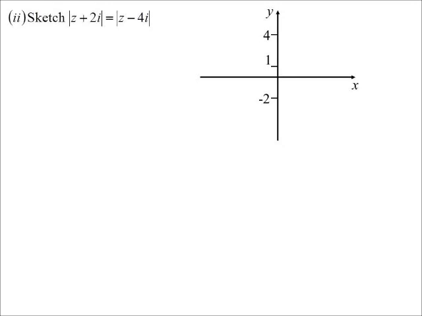Perpendicular bisector of 4 and minus 2. Well, which point must it go through on the y-axis? Yeah. And we know it's going to be horizontal. And there it is, because it's perpendicular to... Never actually asked, what is the equation? Simply said, sketch it. So I can save myself a lot of time if I look at that and I understand what it's saying. Okay, yeah, distance to this is the same as distance to this, perpendicular bisector.